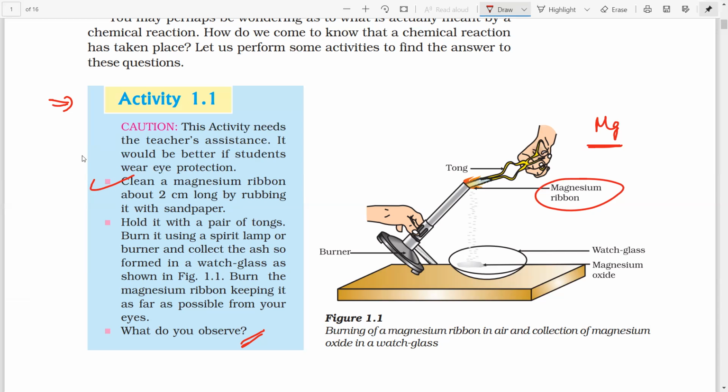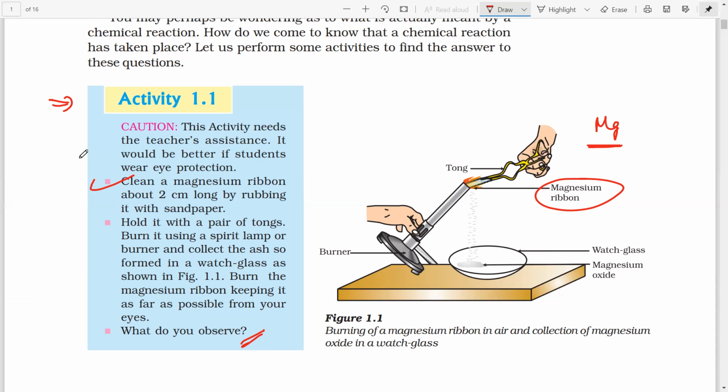They're asking you to hold it with a tong, keep it away from you, and then try to burn it on a burner. So what really happens is, when you do this, it will burn with a very bright light. A very bright white light will be emitted, and it will burn vigorously. So in terms of chemistry, it's called burns with a dazzling white light.